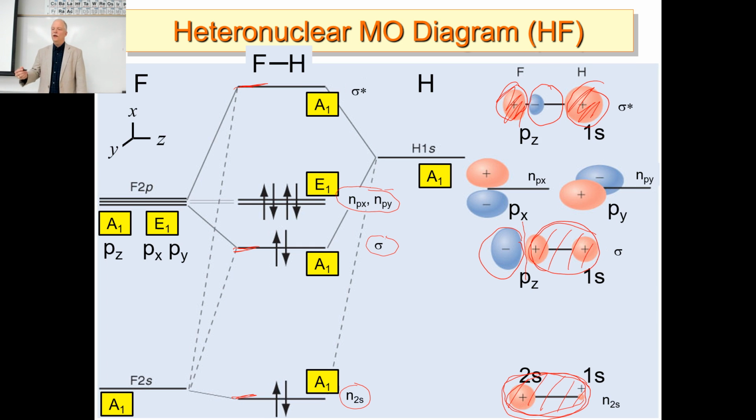The middle one is the sigma bond, and the two px and py's are non-bonding. And so we have two bonding electrons, 0 antibonding electrons, and so we have a bond order of 1. That tells us that we should expect a single bond distance in HF, not more like a double bond distance.